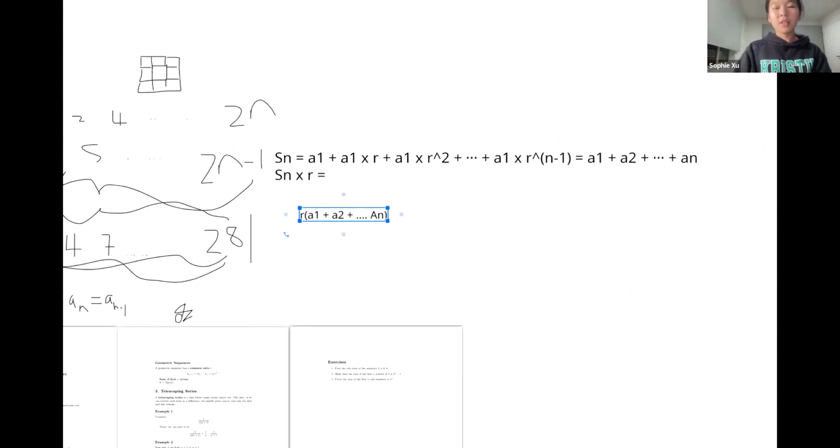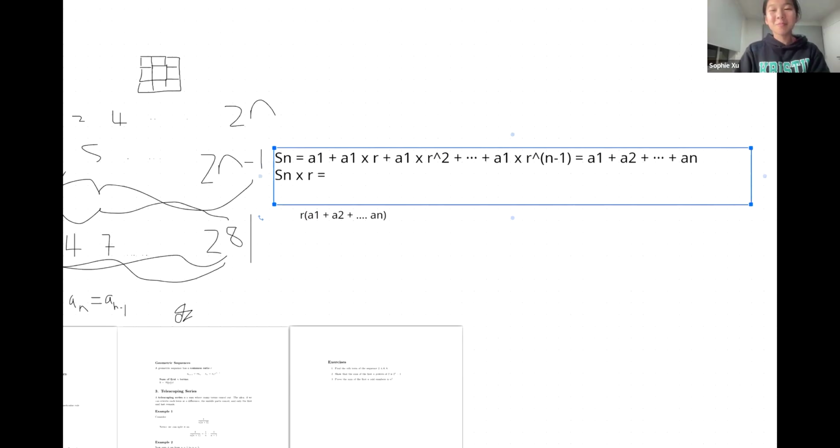But you can also write it in another form: r a1 plus r a2 plus everything until r an.